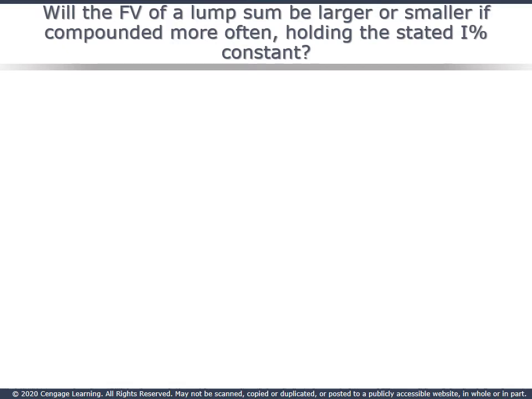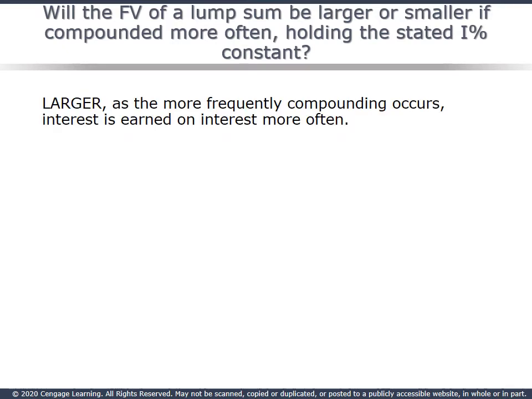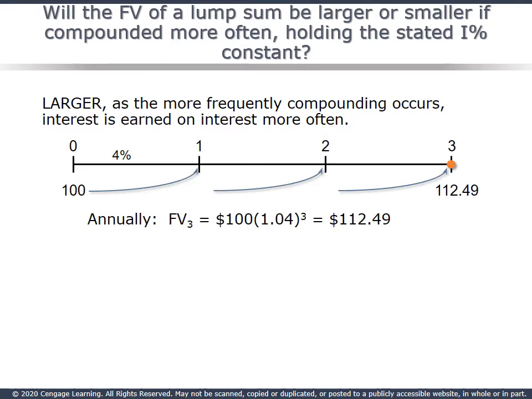Will the future value of a lump sum be larger or smaller if it's compounded more often, holding the interest rate constant? Well, here's an example. It will be larger as the more frequently compounding occurs, interest is earned on interest more often.